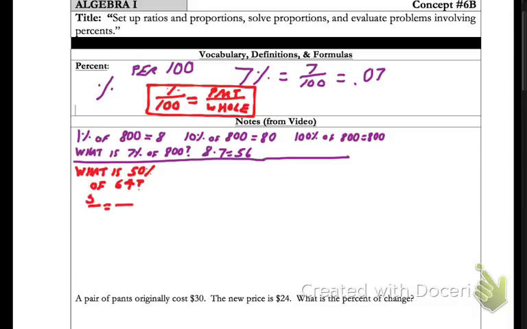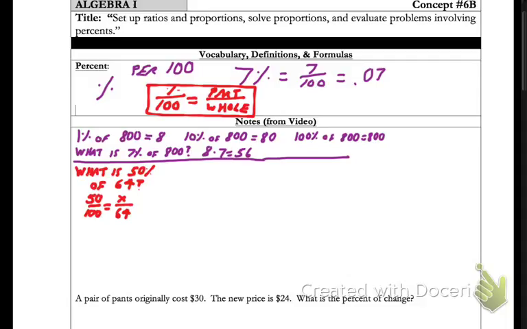We put the percent, which is 50, over 100. Now we've got to figure out where to put the 64. Well, we put the 64 in the bottom because there's some key words like "of 64." That tells us that 64 is the whole thing. So the part, or what we're looking for, is x.